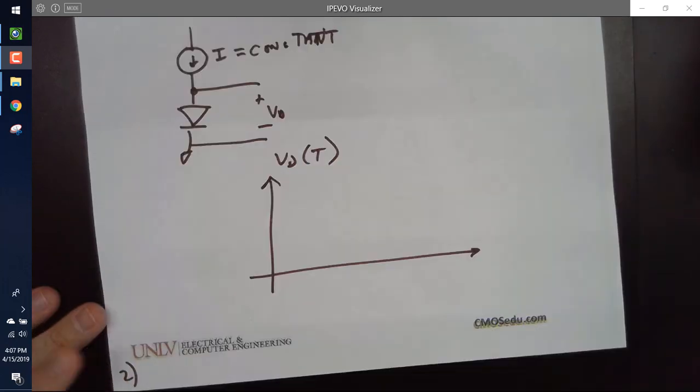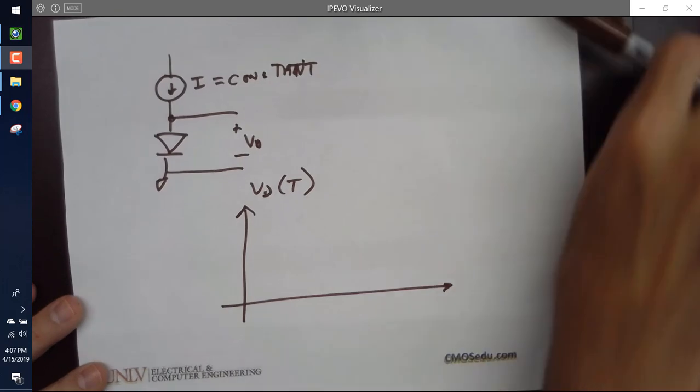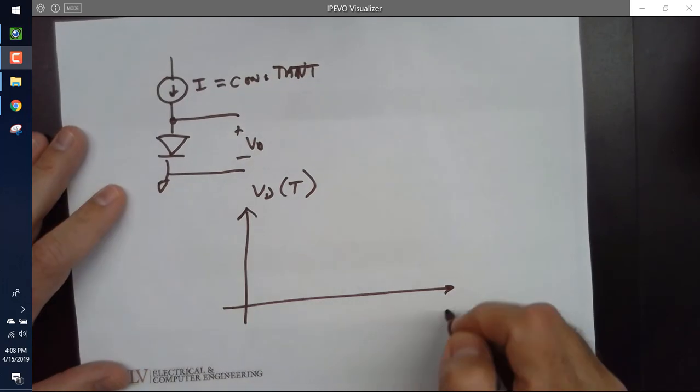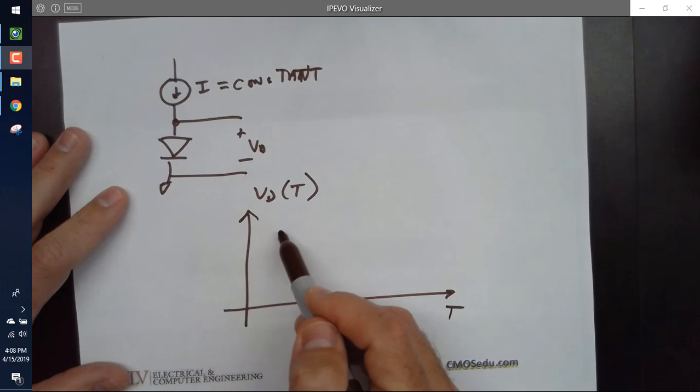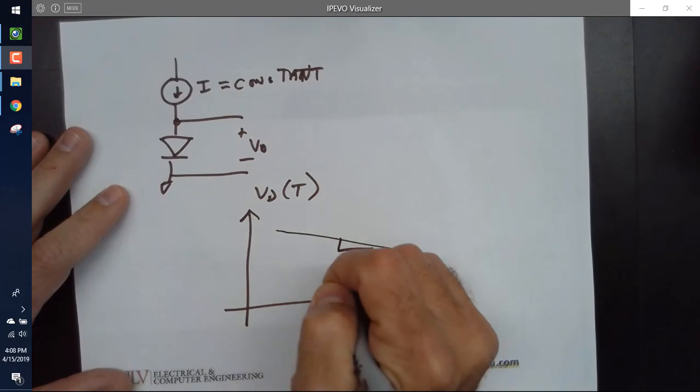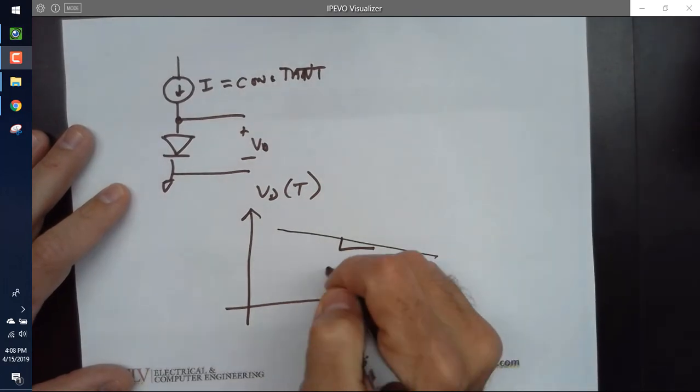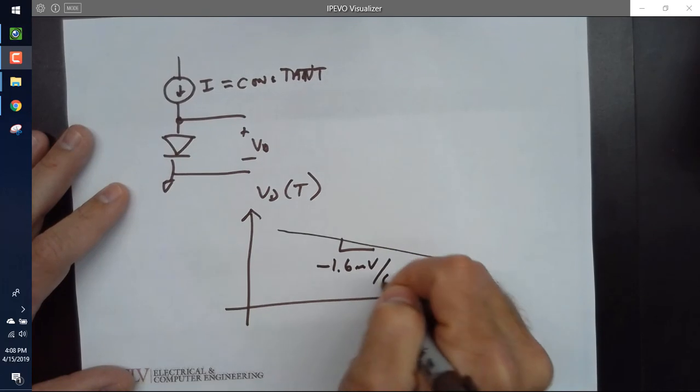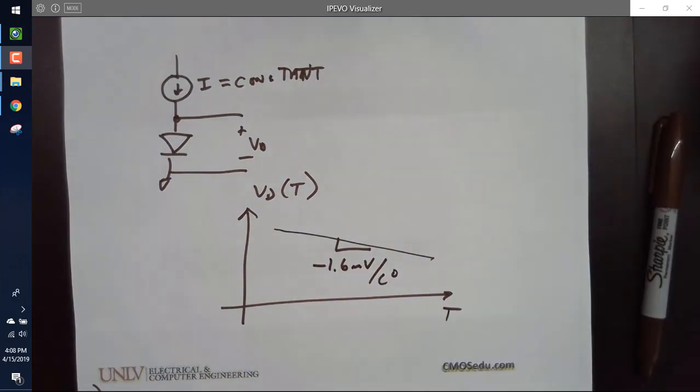So now if I take this circuit here and I plot the diode voltage versus temperature, I will generally get a curve that does something like this. And the slope of this curve for a silicon diode, normal PN junction, is about minus 1.6 millivolts per degree C. So what that means is if temperature goes up and you keep a constant current through the diode, the diode's voltage will decrease.